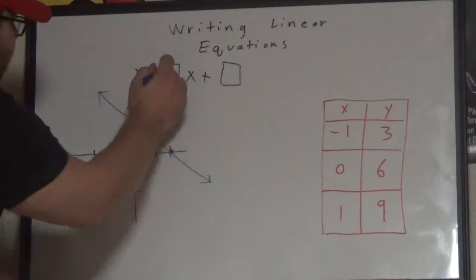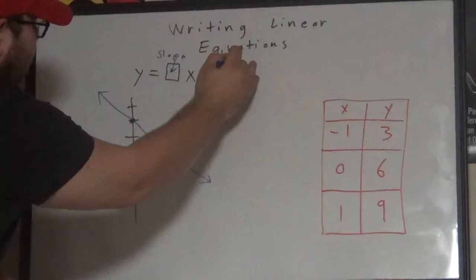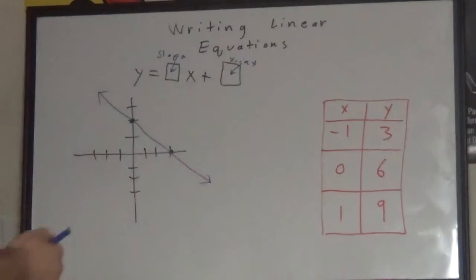So slope and y-intercept. That will come in handy for each one of these. So the slope and y-intercept are the two numbers that we're going to find.